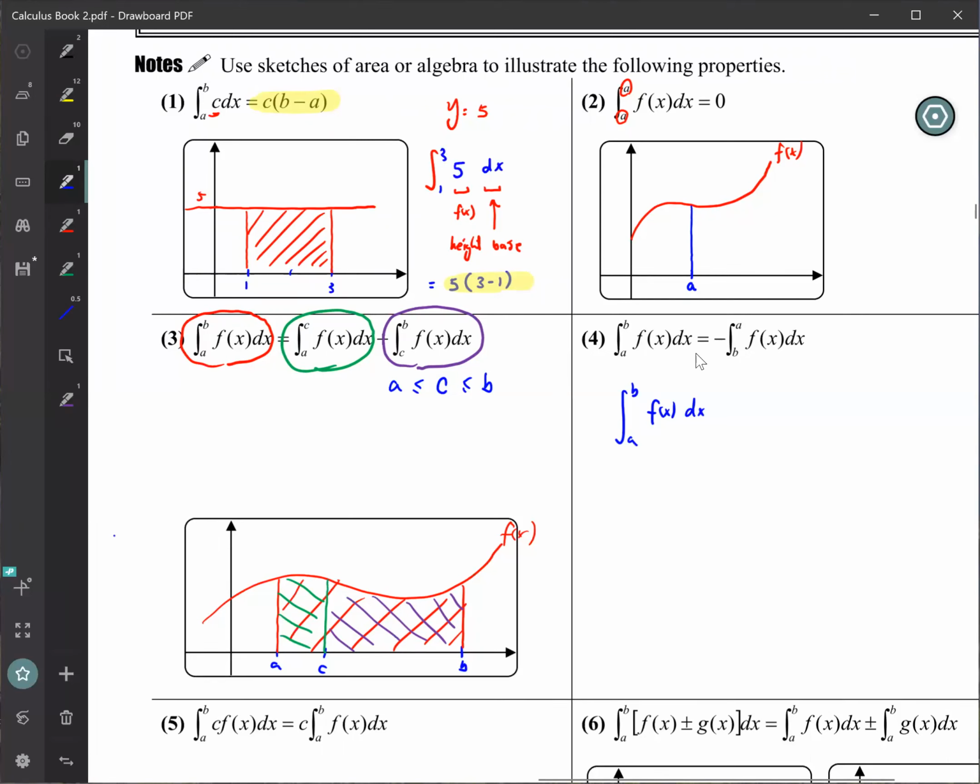Let me erase this. I'm going to start with a to a, because we know a to a from number 2 equals 0, because there's no area. And then using number 3, I can write it as a to b, and then plus b to a again.